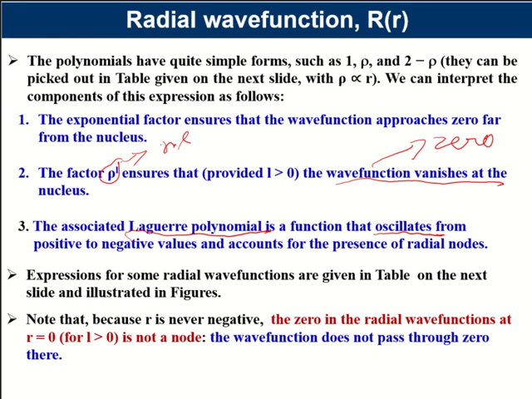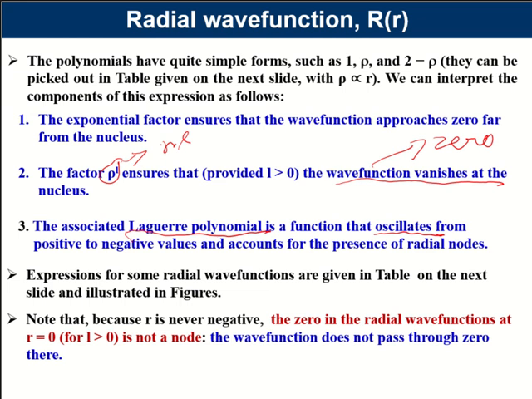Okay, this point I would also like to clarify. The place where zero occurs is not called a node; just being zero is not a node. Zero means plus to minus, and the point in between where it is zero is the node point. Whenever you have zero at the nucleus and zero at infinity, those points will not be called nodes. A node is a point where you have a changeover from positive to negative or negative to positive, and in doing so it goes through zero.